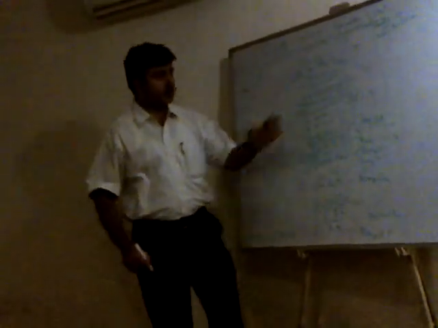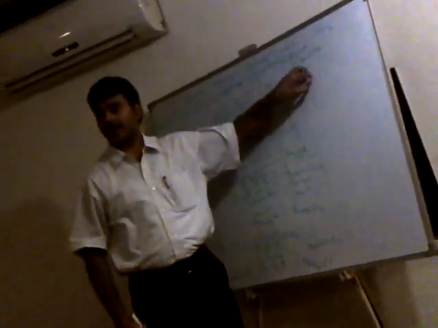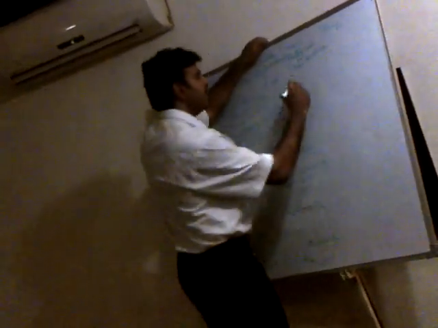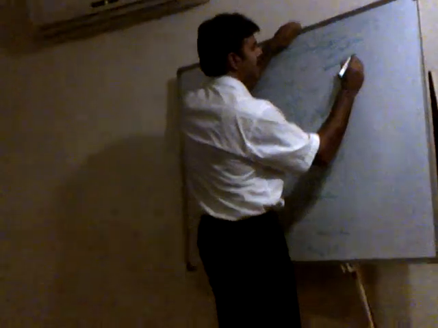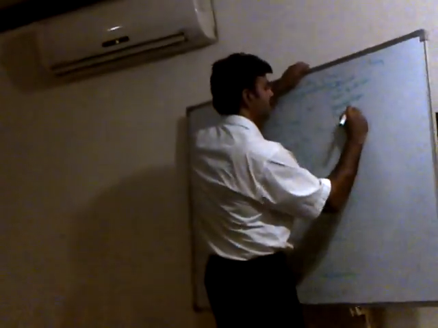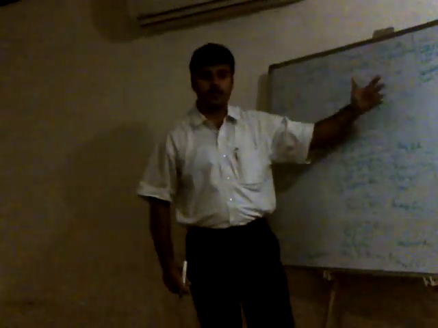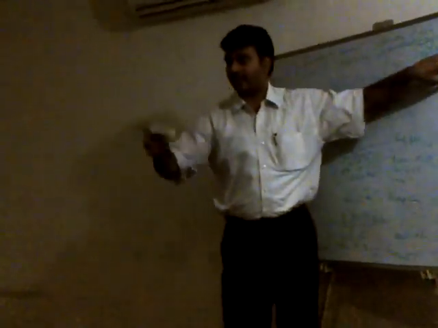Clear? Now for scope, how many processes do we have in monitoring and controlling? Two processes. What are they called? Validate scope and control scope. Validate scope was known as verify scope in edition 4. In edition 5 it is called validate scope. Validate scope is the process of validating the acceptance of the deliverable with respect to the requirement.